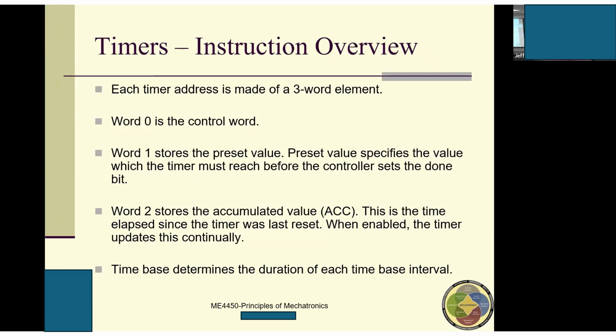First, you need to know that a timer is an instruction. This instruction must have an address, otherwise you cannot adjust it or access it. Each timer address is made of 3 word elements.